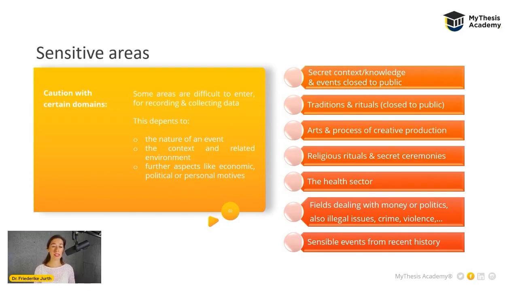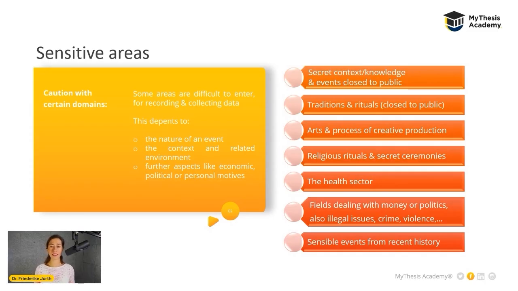So events which are practiced and realized in a kind of hidden context and form, and where it is not common to let outsiders participate. This is especially the area of rituals, also religious rituals and ceremonies, but this can also be some secret traditions, for example, which are closed to the public.